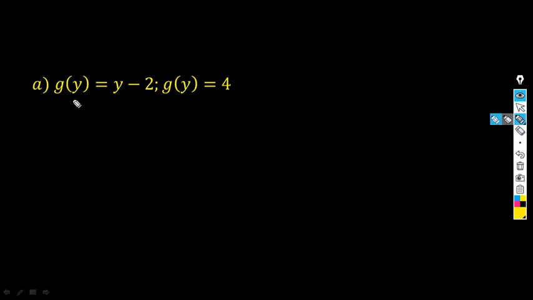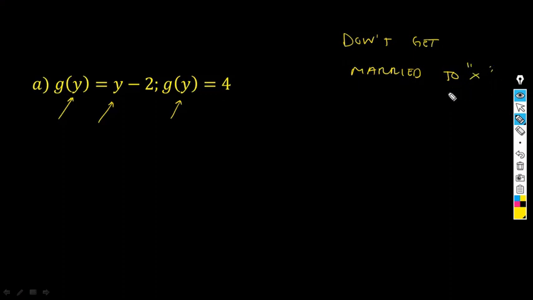Another one. Now I'm giving you another variable. Instead of x, I'm calling it y. This is for this reason. Don't get married to x's. Don't think that x has a specific or a special position in these things.